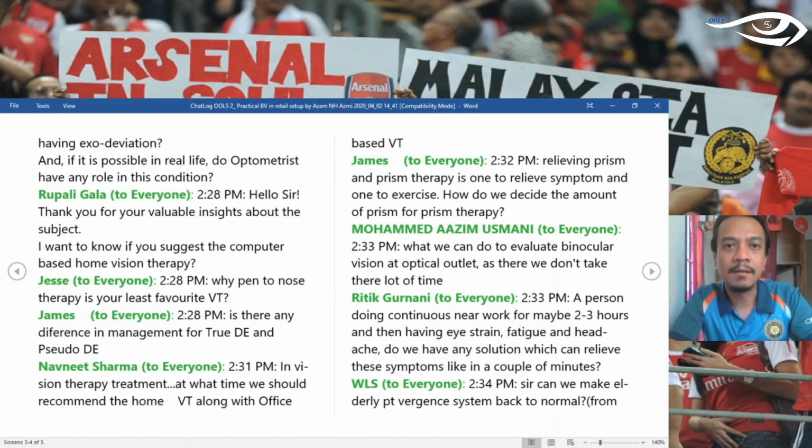If you look at the research, there's no optimum time recommended to do vision therapy, but as long as you do the vision therapy, it's good enough.